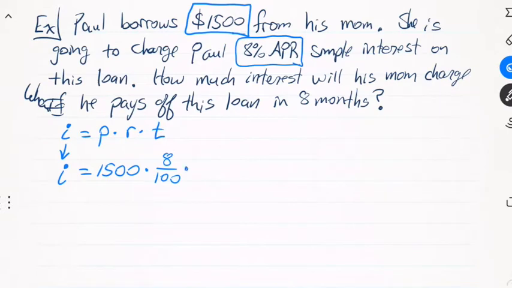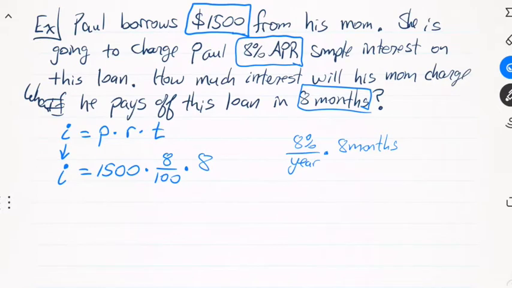And then we're going to multiply this by the time. Now the time is 8 months. Now if I put 8 here, that doesn't make any sense because the 8% is per year because it's an APR. So if I put 8 months here, then that's not going to work out because the time frame isn't going to cancel.